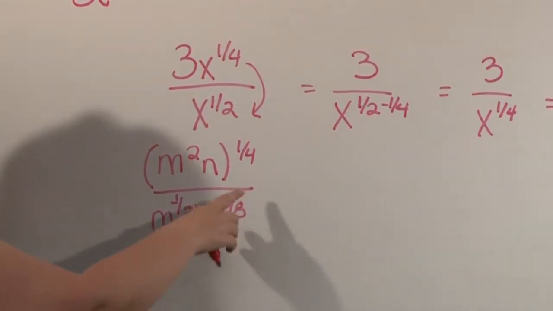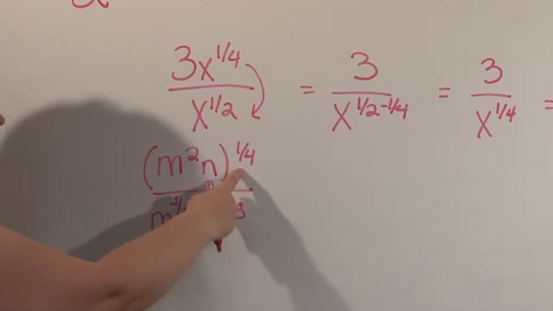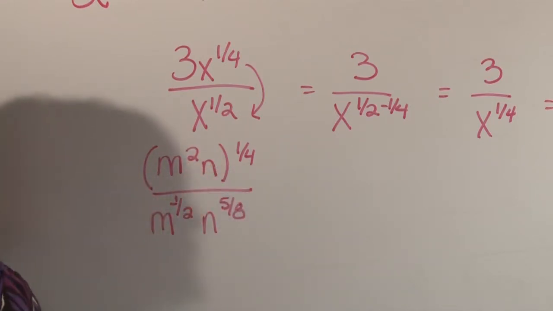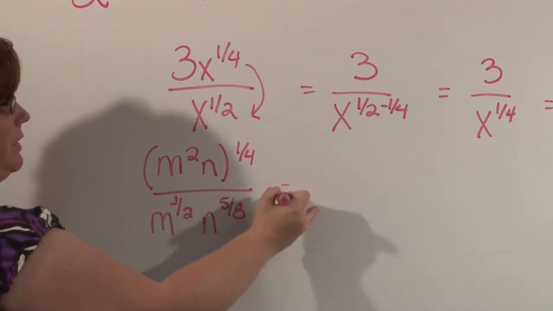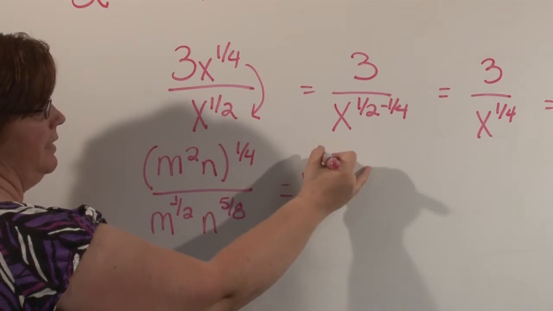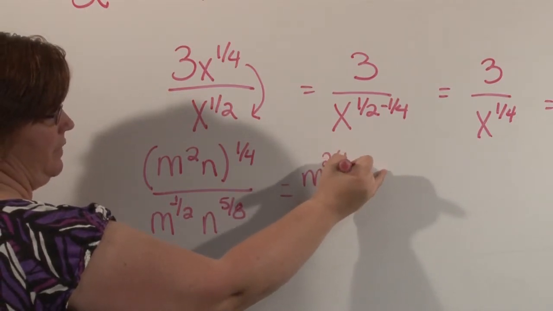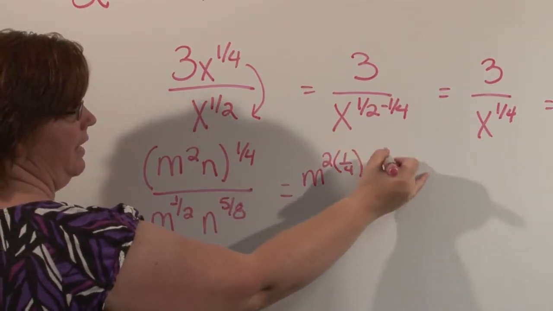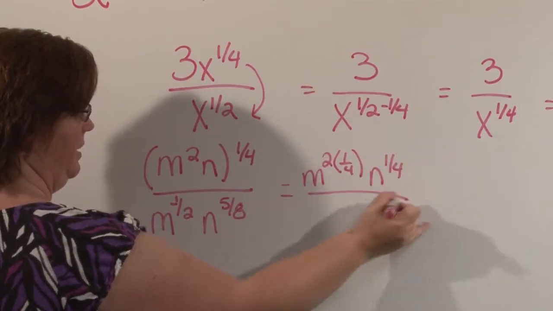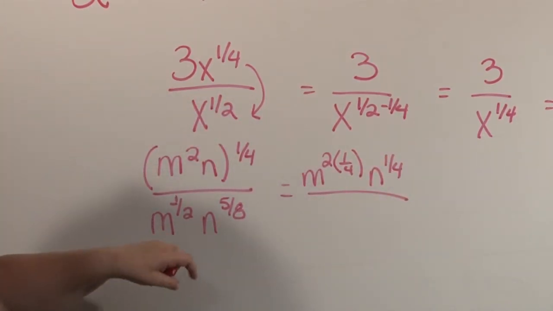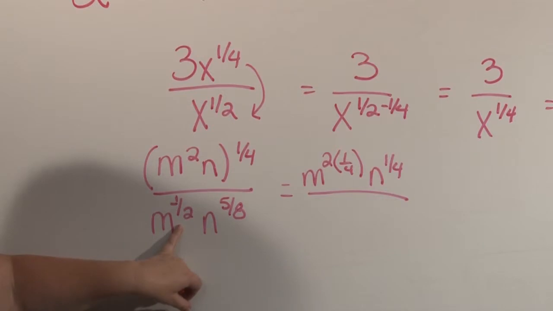So our rules of exponents say if we have an outer exponent, we're going to distribute it through and multiply exponents together. So our top becomes m squared times 1/4, n times 1/4, and we also have a negative exponent down here.